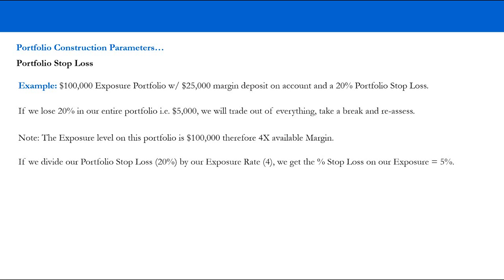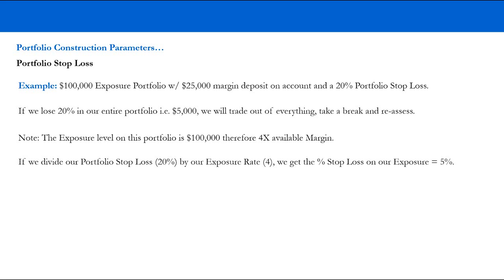So if we apply this as we're growing the portfolio, then it means that as we're increasing our risk and we apply a portfolio stop loss and we're ratcheting the portfolio, we're protecting the money as we're building the portfolio and as we're making it.